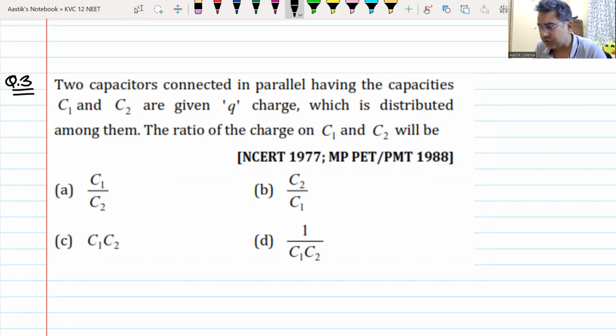What is the ratio of the charge on C1 and C2? In what ratio will the charge be distributed, my dear friends?